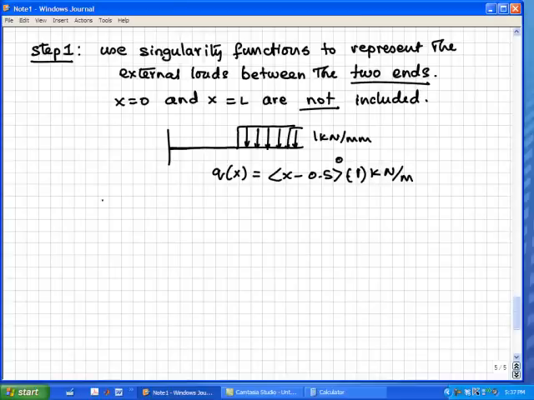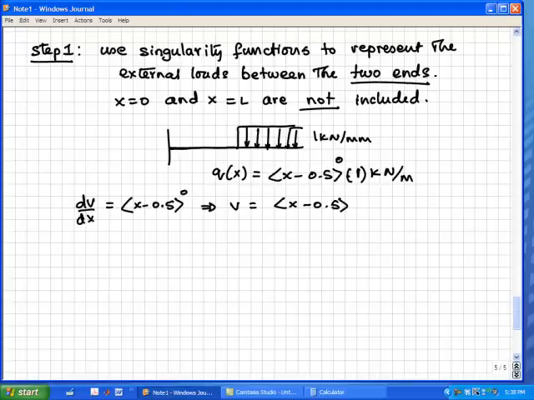So what it means is that I get dV/dx equals <x minus 0.5> to the power 0, which means V equals <x minus 0.5> to the power 1 plus V naught. Then I integrate this again.